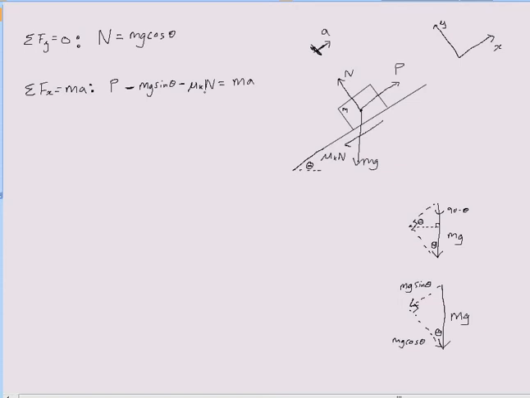Notice how the left-hand side of this equation is the sum of forces acting in the x direction. P is acting to the right. These terms are acting to the left. That's why they're negative.